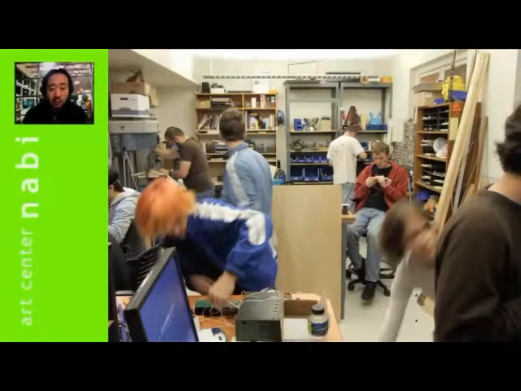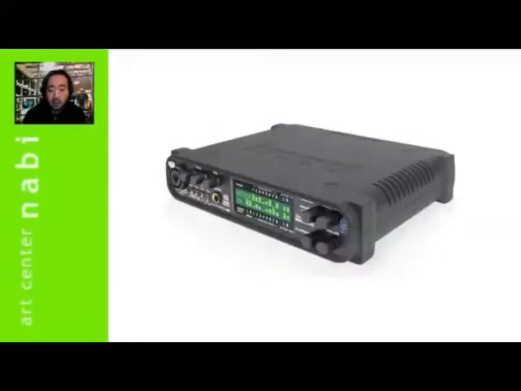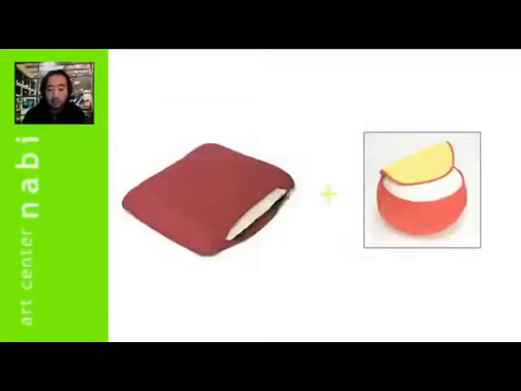And then to all of this, we're actually adding things like the laptop, which you see in the next slide here. Next slide, please. Next slide. And an audio interface. This is what gives us the multi-channel capabilities. Next slide. To pillows and mats. We don't really sit on tables, but we sit near to the ground.